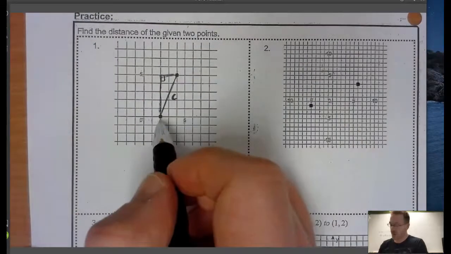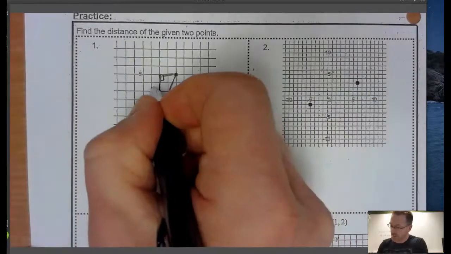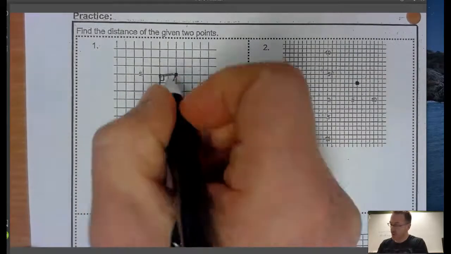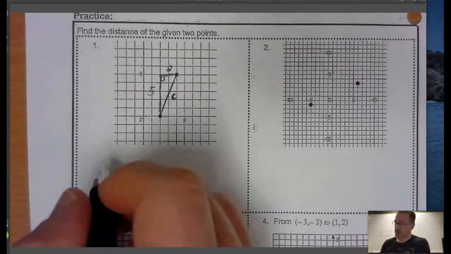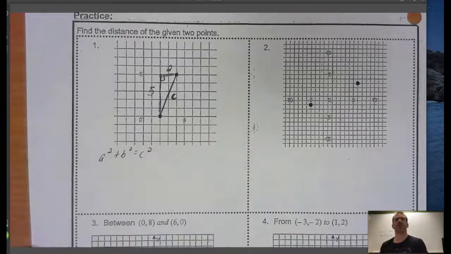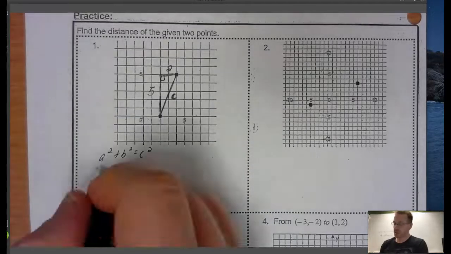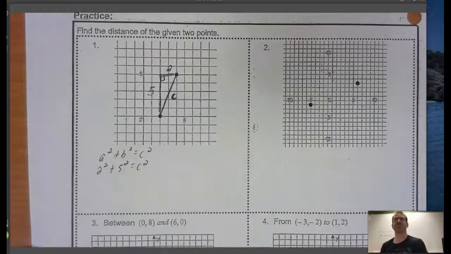We can see that our vertical leg here has a length of 1, 2, 3, 4, 5, and we have a horizontal length of 2. Once again, if we think about a squared plus b squared equals c squared, these are my 2 legs, so this would be 2 squared plus 5 squared equals c squared.